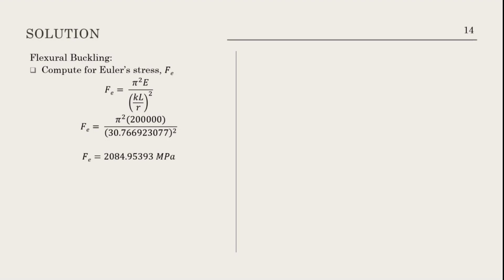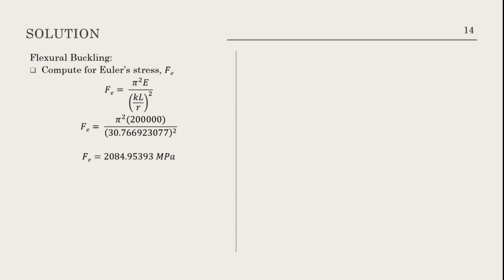Yeah. So that is 2084. Okay. Next, we need to check the ratio of Fy over Fe, right? So what's the ratio of Fy over Fe? Obviously, since Fy is only 345, it is much less than the Fe.